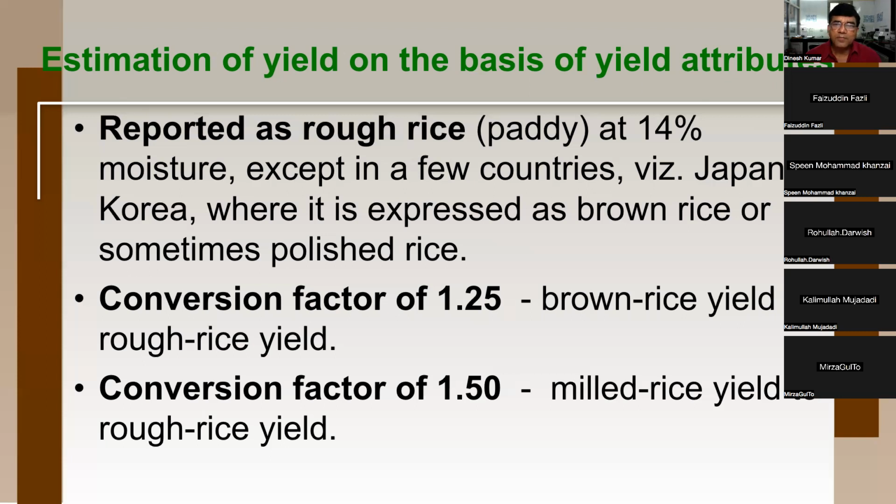The grain yield of rice is reported at 14% moisture, except in a few countries like Japan and Korea, where it is expressed as brown rice or sometimes polished rice. In many places, whenever you harvest the paddy crop, the yield is reported at 14% moisture based upon the whole grain. Now, the conversion factor is 1.25 from brown rice yield to white rice yield.